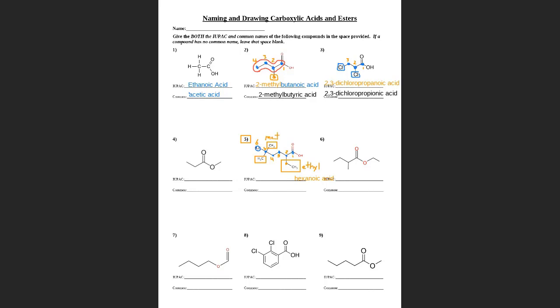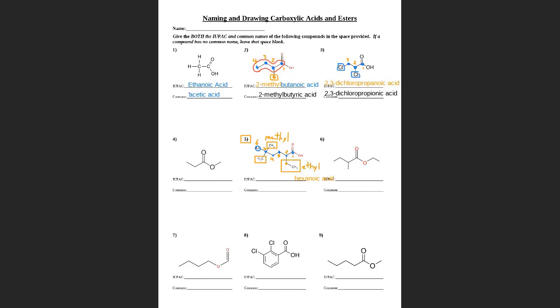So it's 2-ethyl 5-dimethyl hexanoic acid. Very close. Remember, we have to give a number for each methyl group, even if they're on the same carbon. So 5,5? Yep.